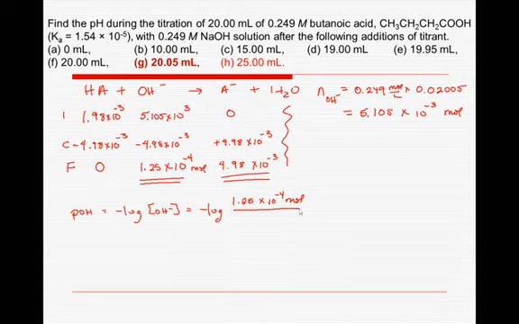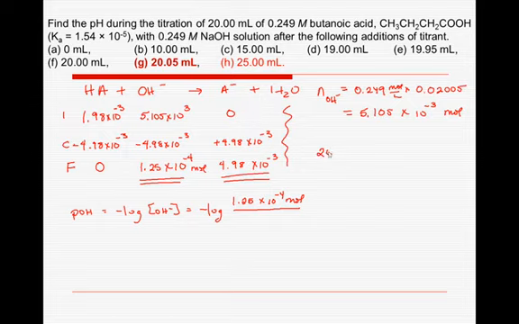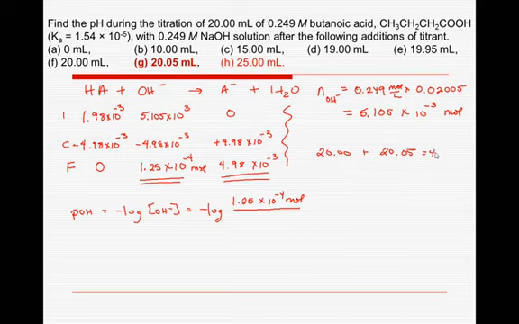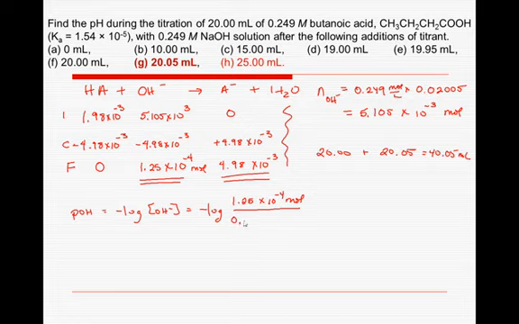At this point we have 20 milliliters of the acid, we have 20.05 milliliters of the base, that's 40.05 milliliters, or 0.04005 liters of solution.